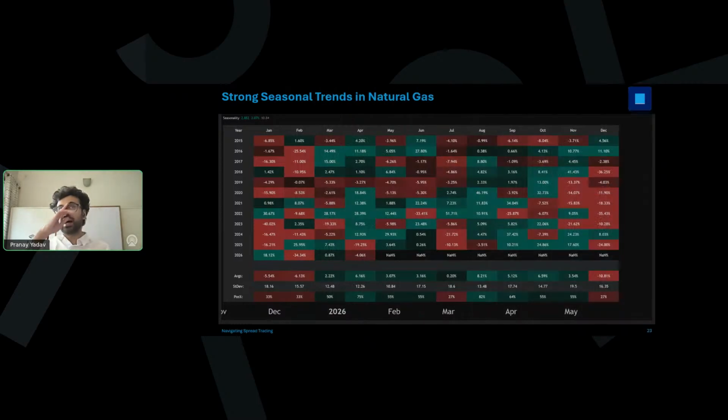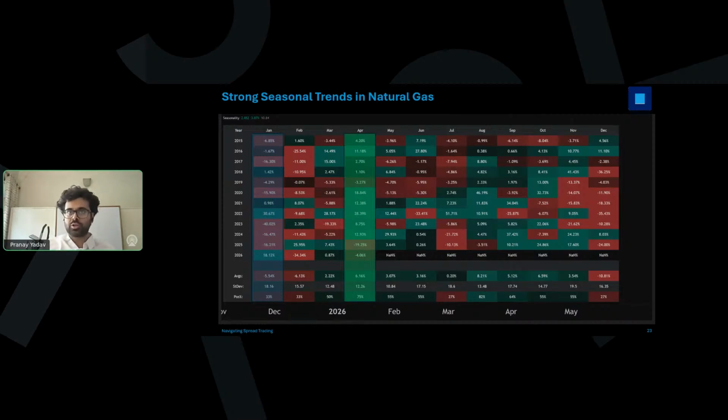With some understanding of that, let's delve into how traders might look at executing calendar spreads. Let's start by plotting seasonal trends in natural gas prices as a whole. Two months I would like to emphasize on the chart here: January and April. As you can see, in January, on average over the last 10 years, natural gas prices have fallen by 5.5%.